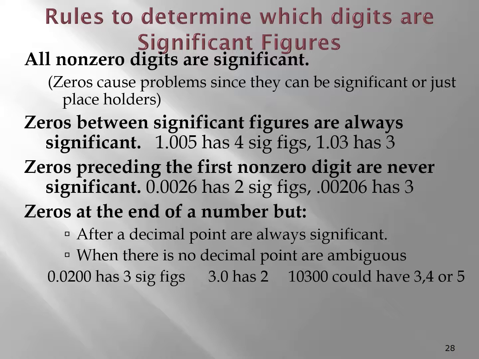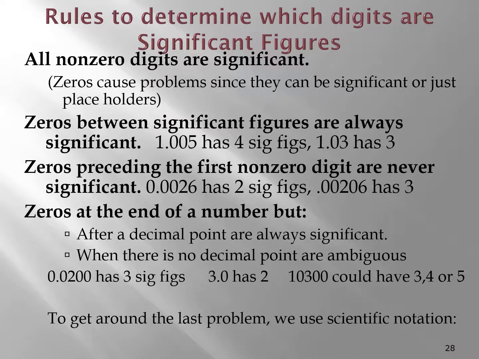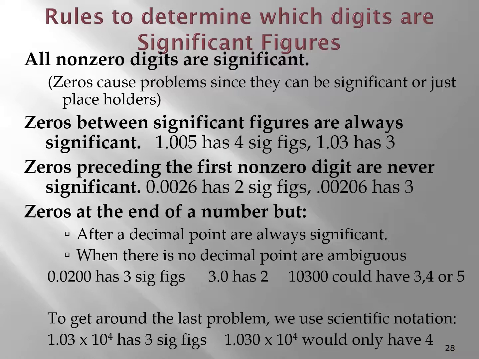So to get around that, we usually like to write things in scientific notation, because then there's only really a decimal point. Everything else is fixed. So scientific notation will often help us. For example, if I took that 10,300 and I wrote it as 1.03 times 10 to the 4th, then I know I meant 3 significant figures. I meant 10,300, plus or minus.